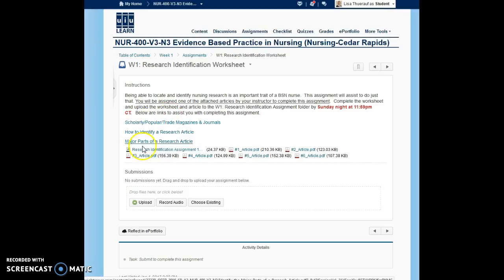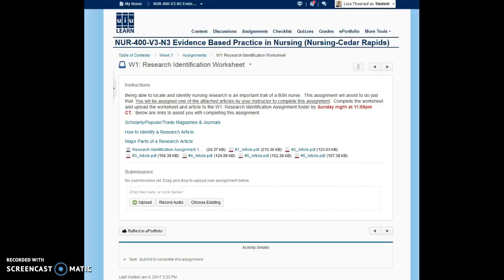These 3 links right here are links to information about how to identify a research article. A research article is very different than an article in a magazine, in a trade magazine, or a journal that's maybe like a popular magazine. So there's information here, which I believe you should have gotten in 305, about the differences between scholarly, popular, and trade magazines and journals. There's also 2 links there about how to identify a research article and the major parts of a research article.